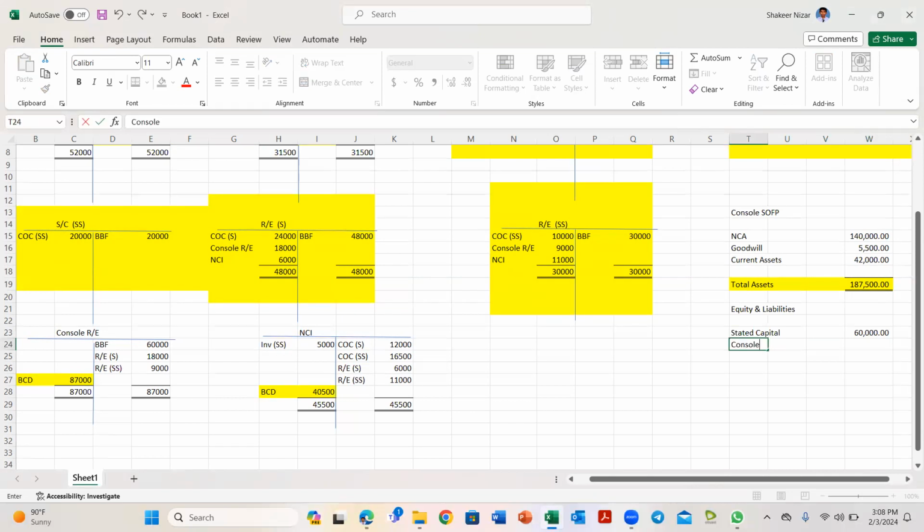Consolidated retained earnings, what is the amount? Consolidated retained earnings 87,000. And the NCI shareholders' interest, NCI shareholders' interest 40,500.